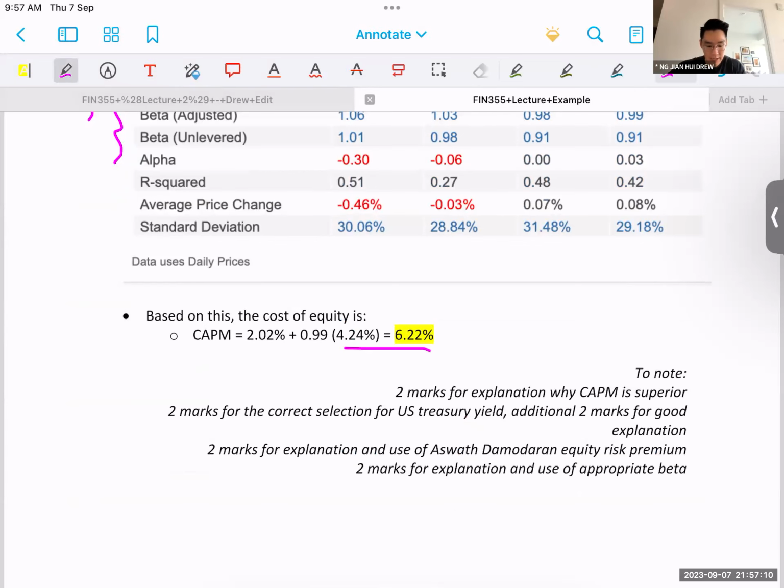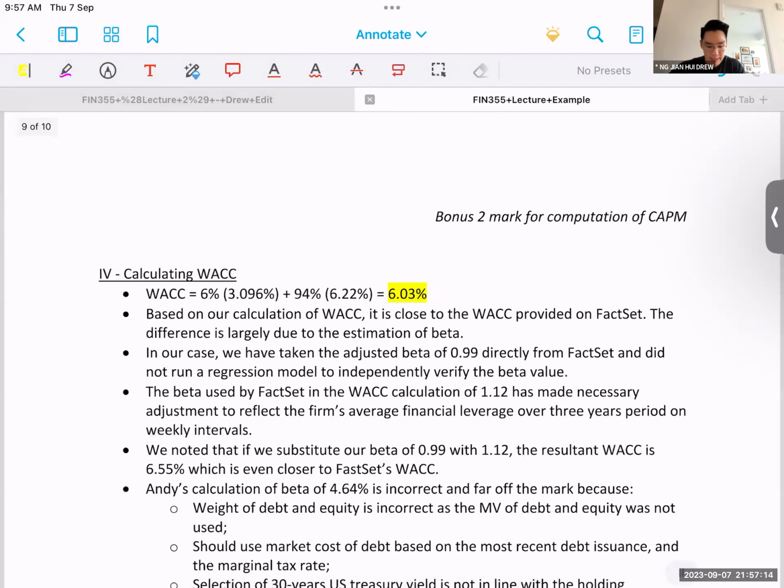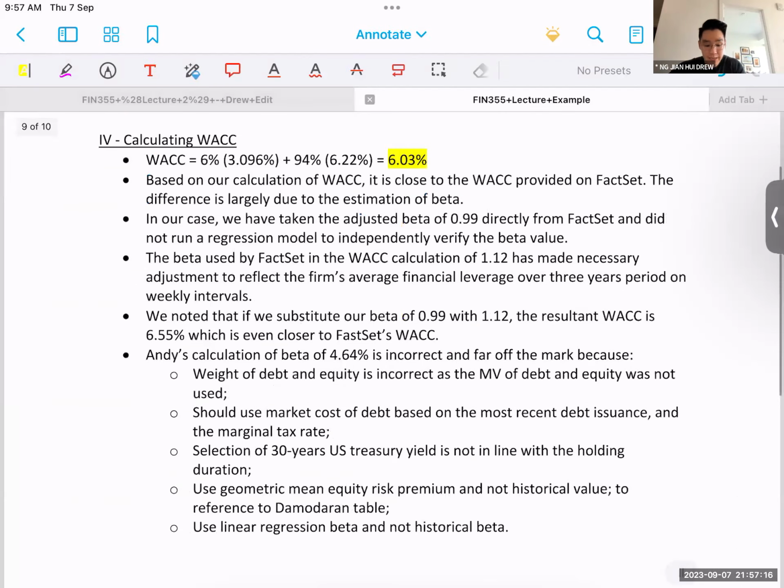Then you actually recalculate the CAPM, and now calculate WACC, you recalculate it based on whatever adjustments you have made. So these are some explanations on what adjustments you have made.